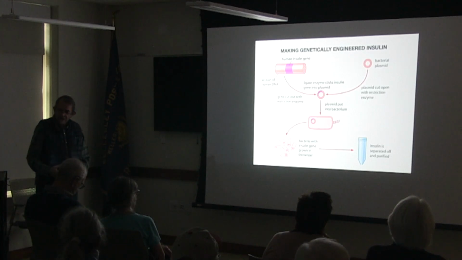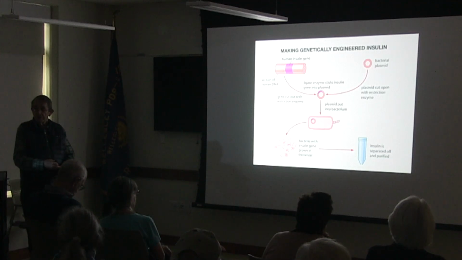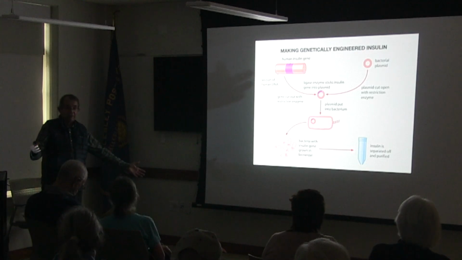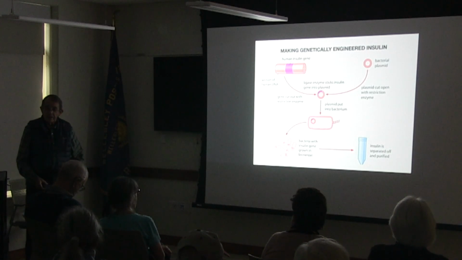You harvest the bacteria, go through a bunch of purification steps, and lo and behold, you have purified human insulin available now to diabetics who don't respond well to cow or pig insulin, which had been used for a century. Now you can take engineered human insulin.